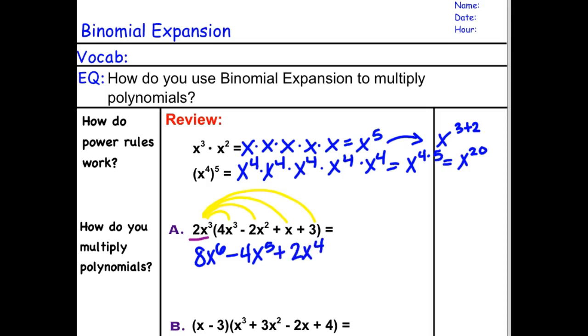And then 2x cubed times 3 would be plus 6x cubed. None of those have the same variable to the same power, so we leave it.